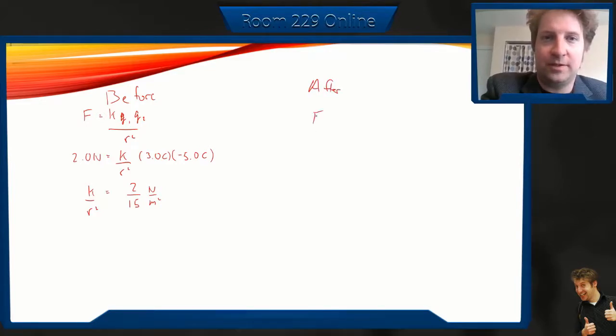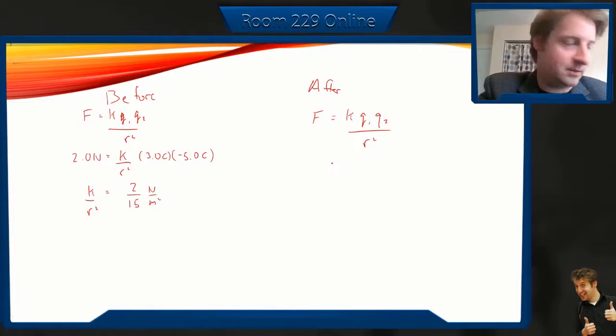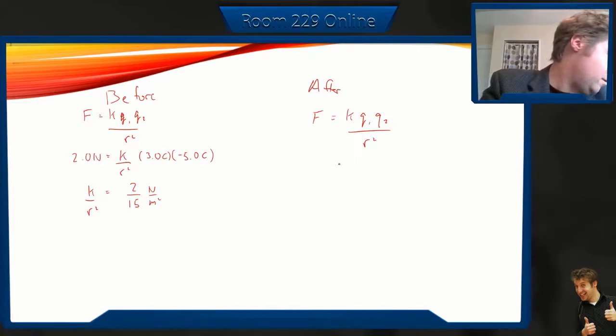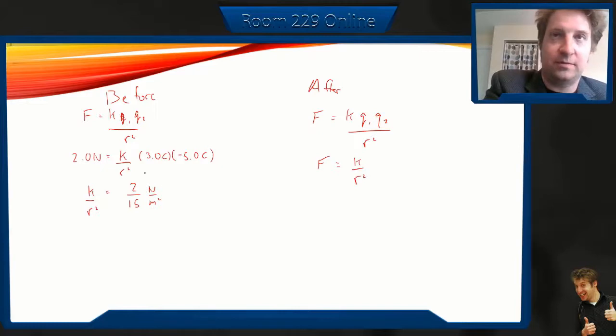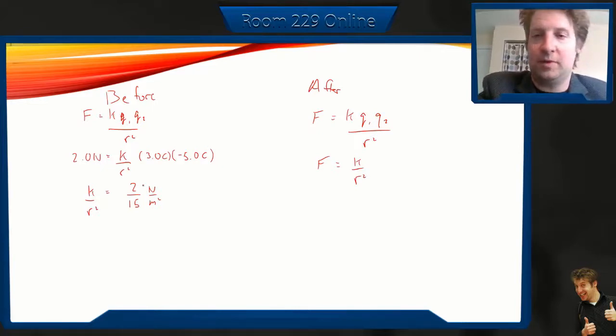So afterwards, F is going to be k q1 q2 over r squared. But in this case, my new force, I don't know what my new force is going to be, but it's going to be k over r squared multiplied by the new charge, which is negative 1 coulomb squared.